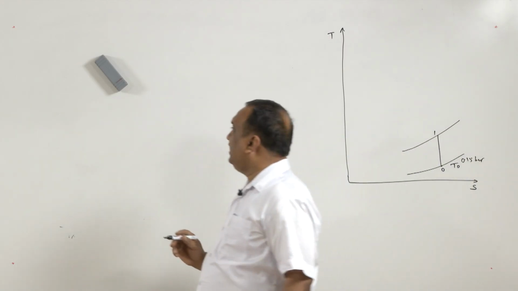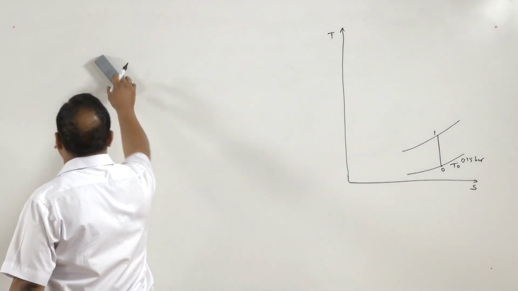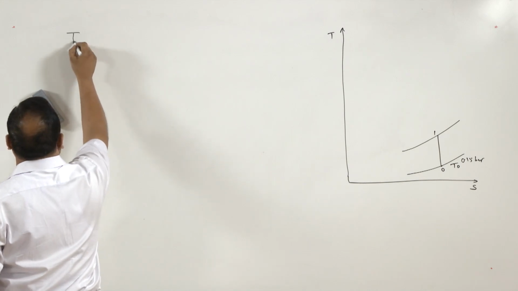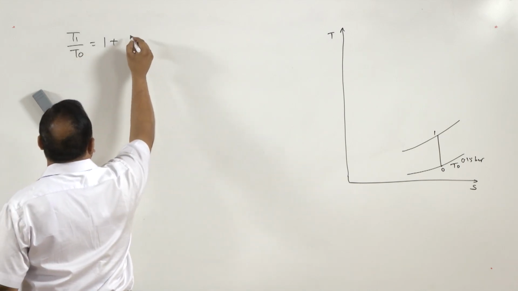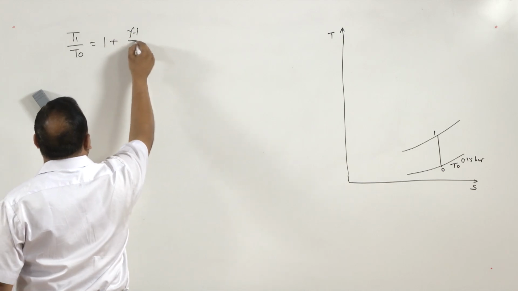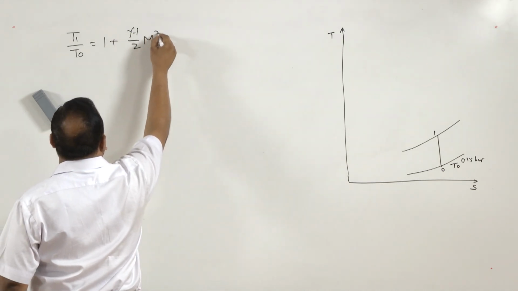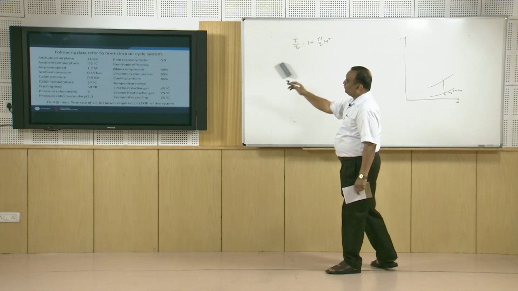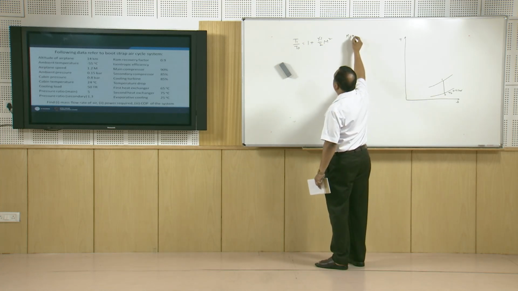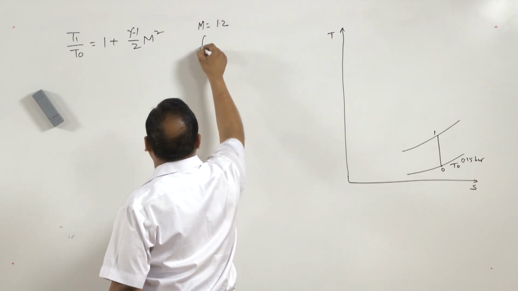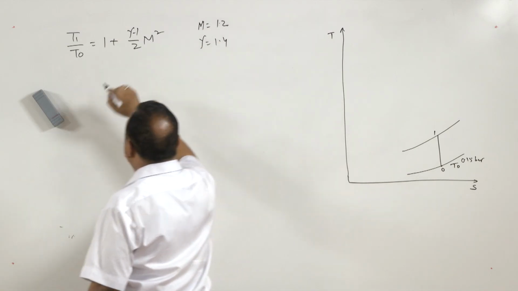and in order to find temperature at state 1 we will use the equation T1 by T0 is equal to 1 plus (gamma minus 1) by 2 M square. Here the value of M is 1.2 and gamma is equal to 1.4.